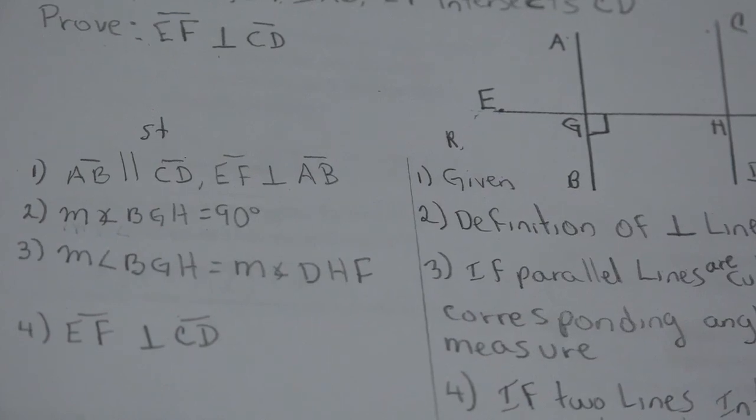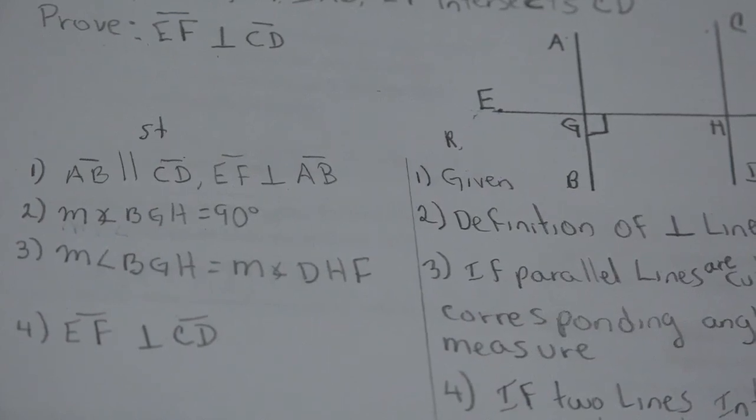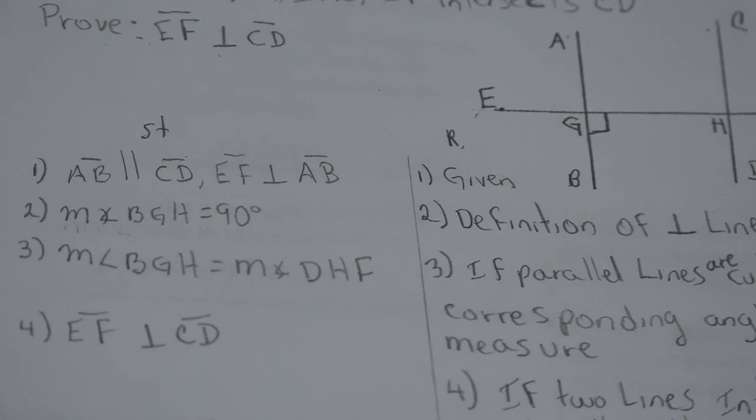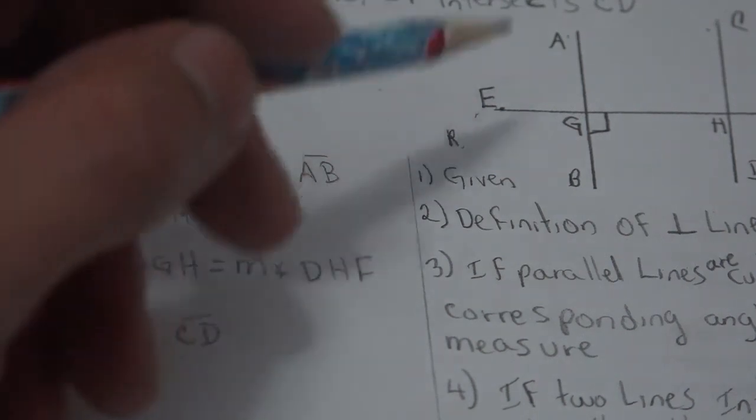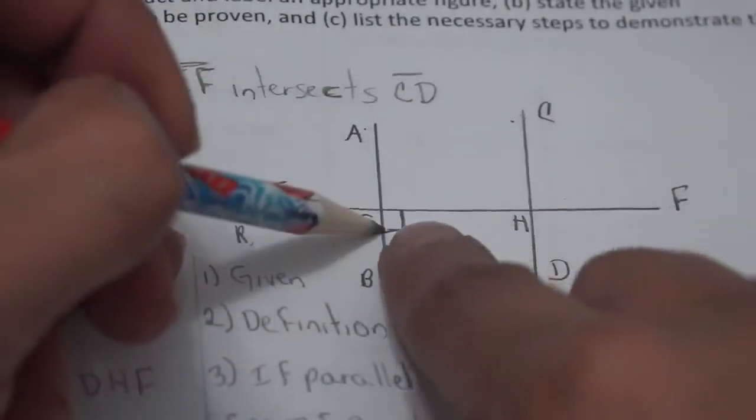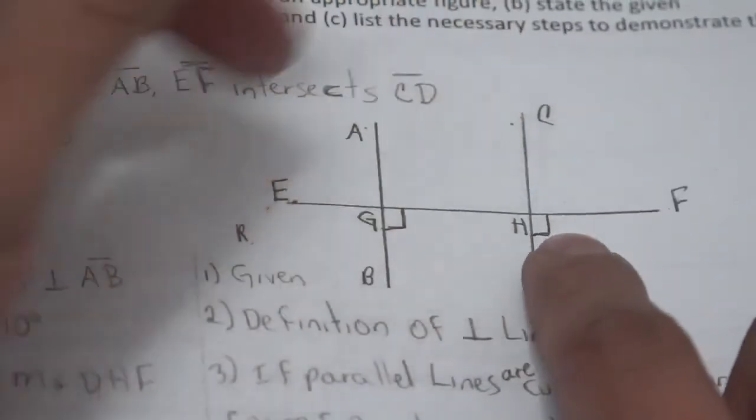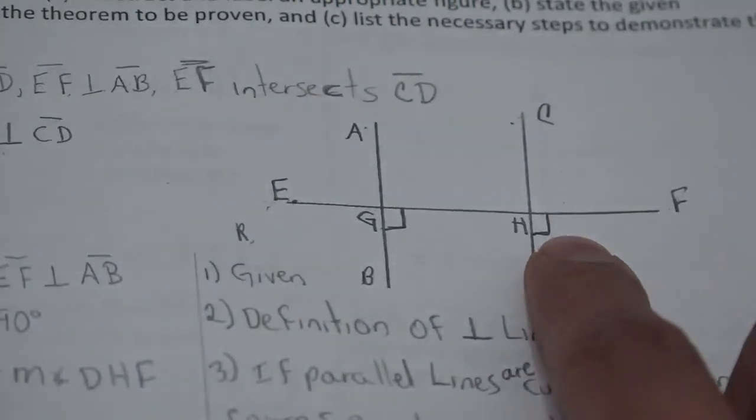Now, what else can I say? Well, these two lines are parallel. So if they're really parallel, then this angle should be congruent, or equally measured, to this angle due to corresponding angles, correct?